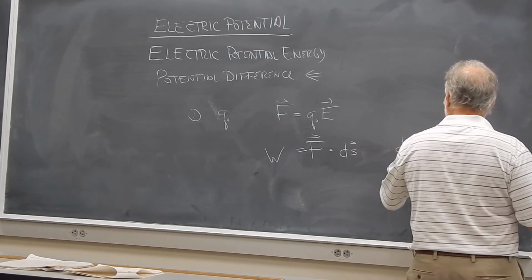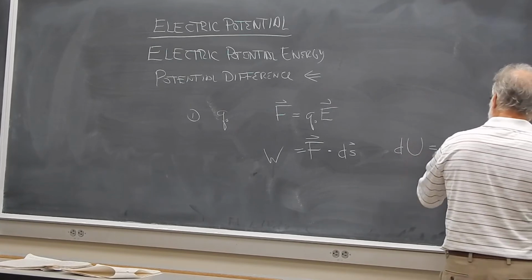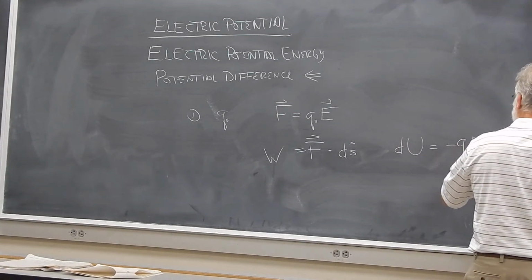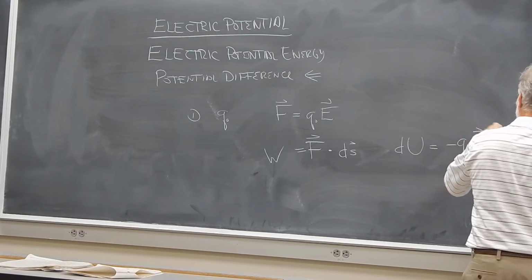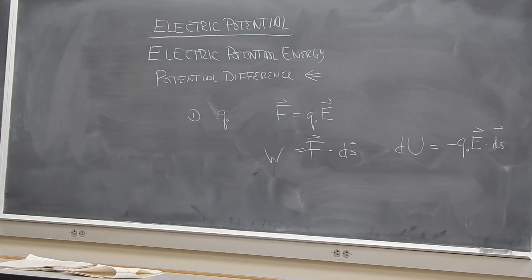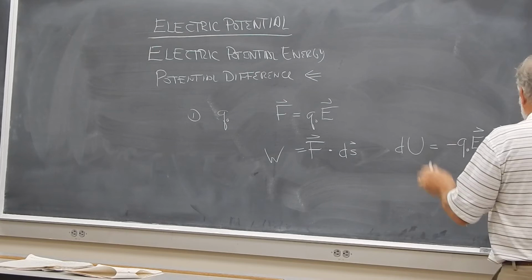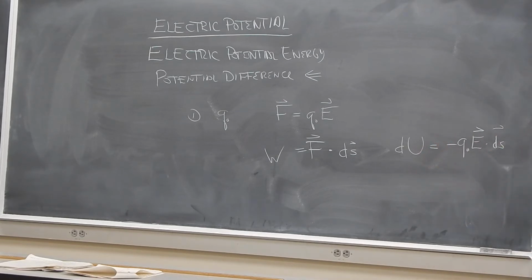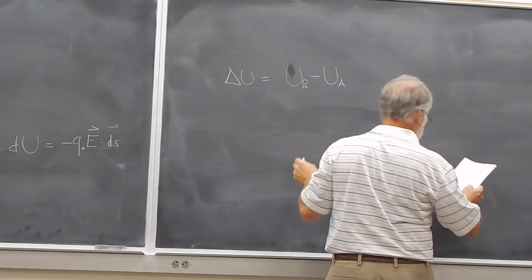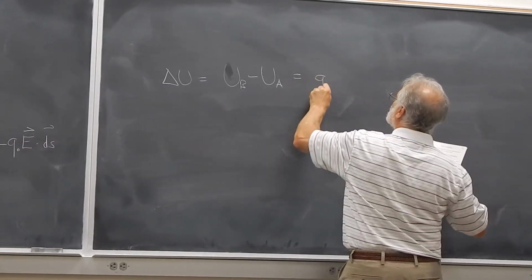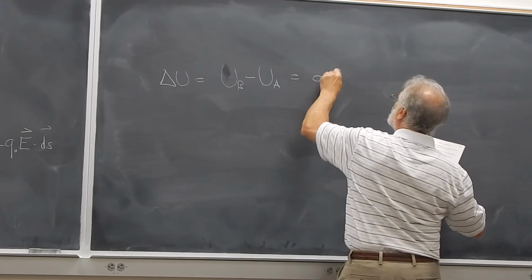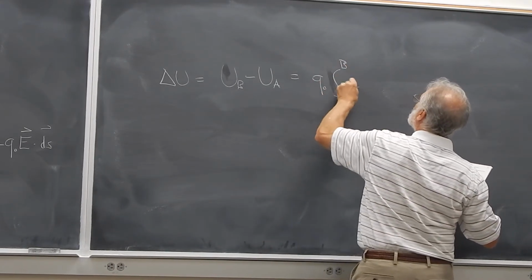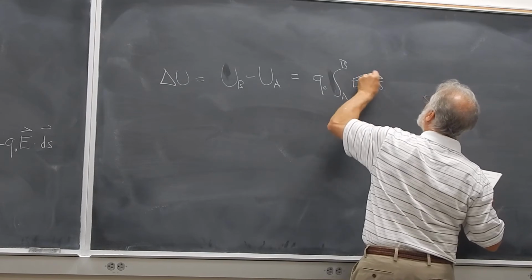We'll call it dU, potential energy, as minus Q0 times E dot ds. So if the test charge moves from, let's say, point A to point B, the change in potential energy of the electric field, delta U, would be the potential energy at point B minus the potential energy at point A, which I could write as Q0 times the integral from A to B of E dot ds.